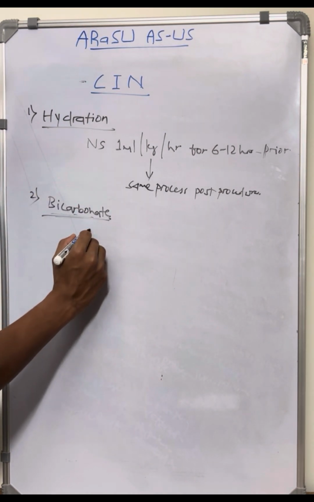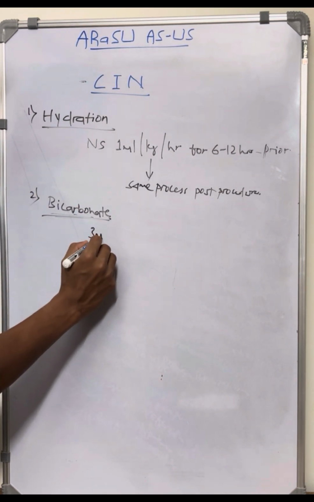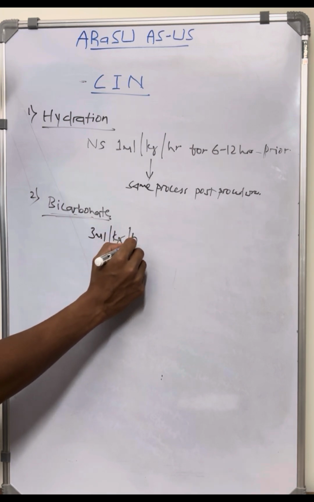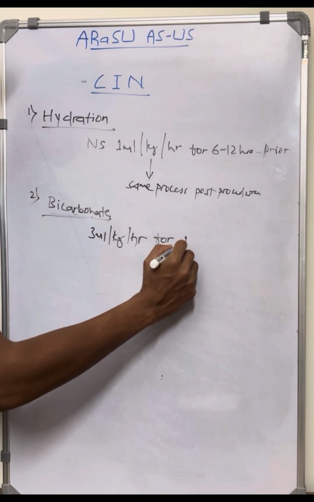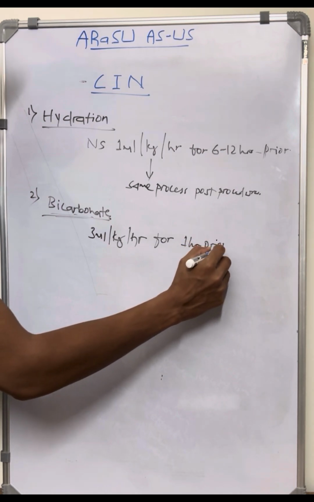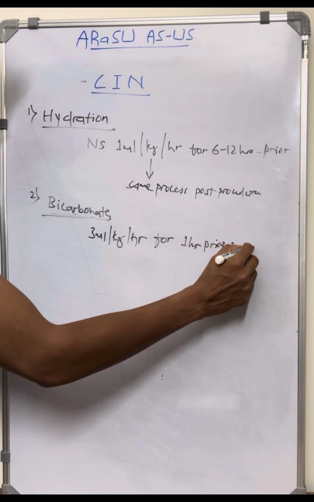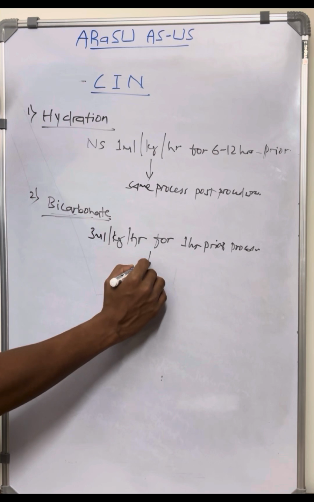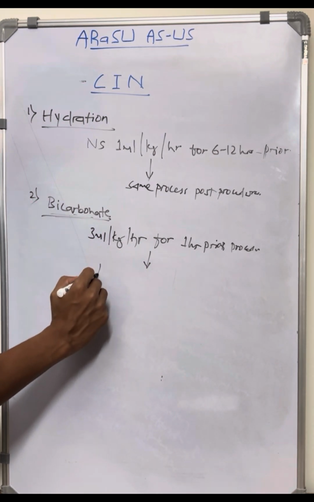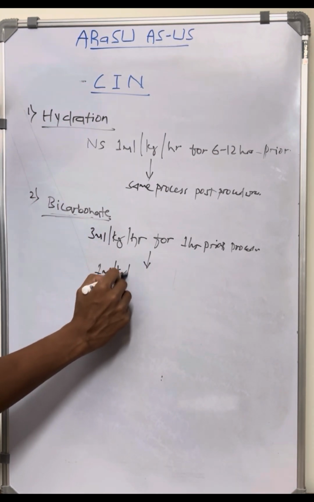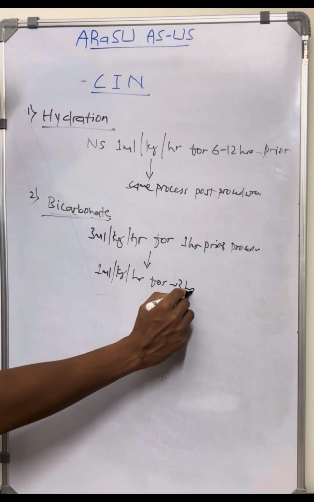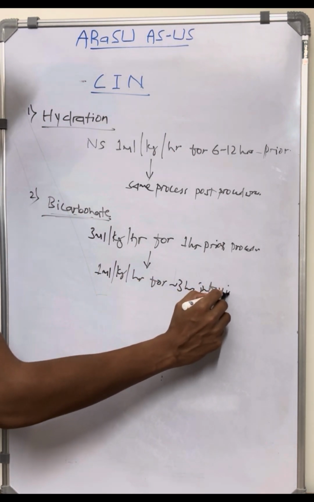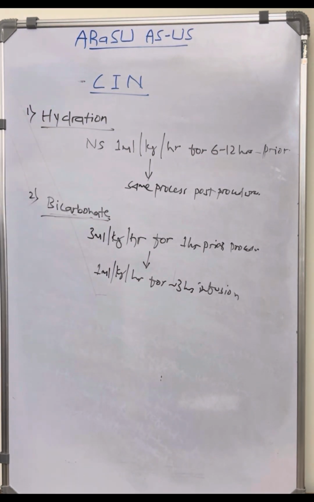That is 3 ml per kg per hour of bicarbonate for about 1 hour prior to the procedure. Then after the procedure, we can give about 1 ml per kg per hour of bicarbonate for about 3 hours. So these two things can be done.